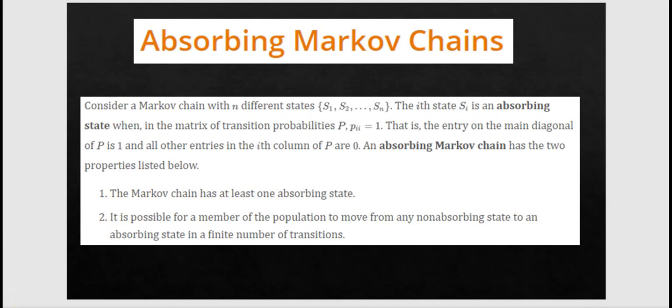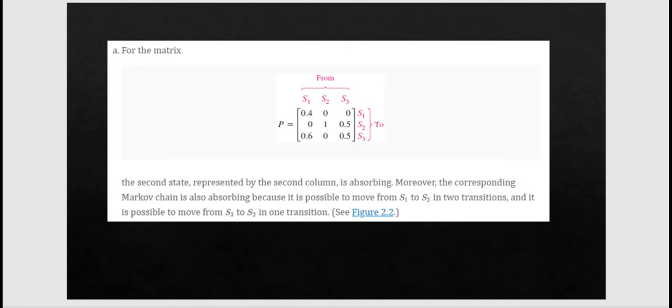Well, let's see. If you look here at this matrix, notice that we have state 1, state 2 and 3 where we're coming from, and then where we're going to, state 1, 2, and 3. But the key is to look at the columns.